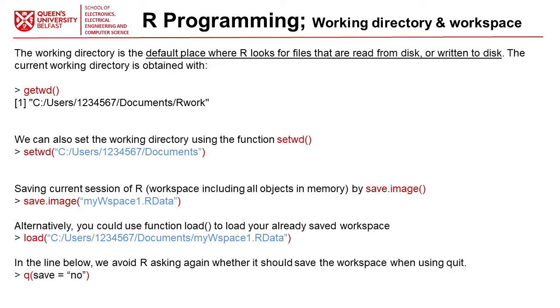But at the same time, you can use save.image with any name you're interested in, with the extension RData, to save the whole RStudio environment, including objects, into an RData file. If you already set the working directory to this folder, this RData will save your environment in this folder, okay?